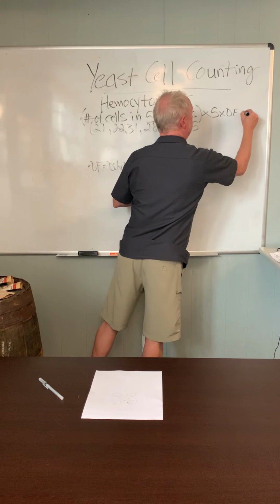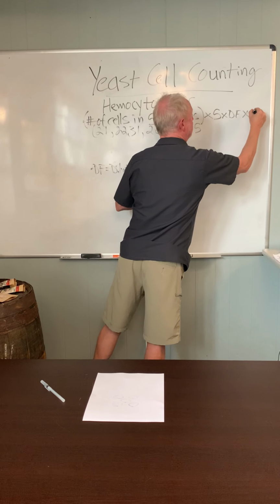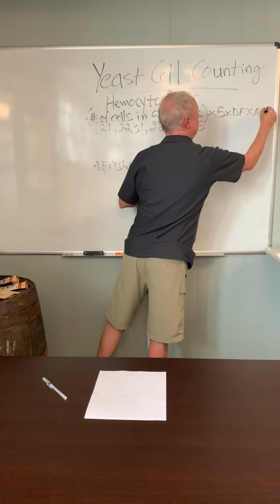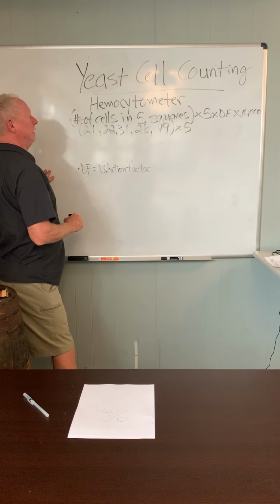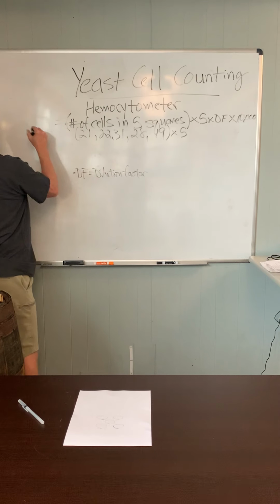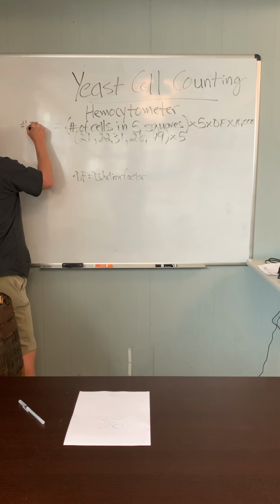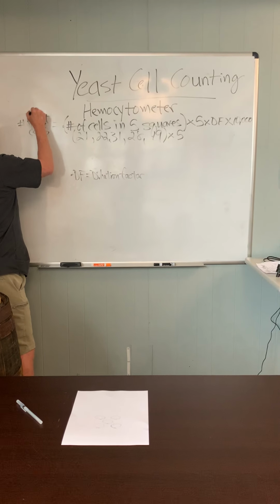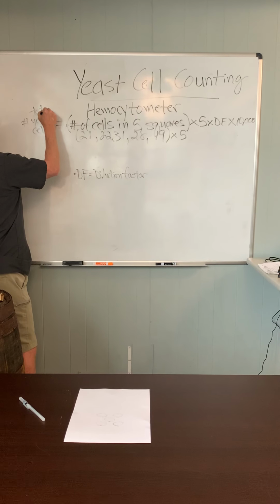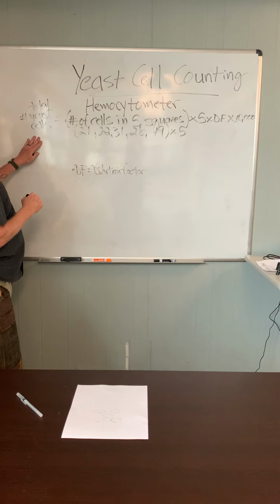We're going to multiply this times another constant, 10,000. Okay? And that's going to equal the total number of yeast cells. That's the number we're wanting. Okay?